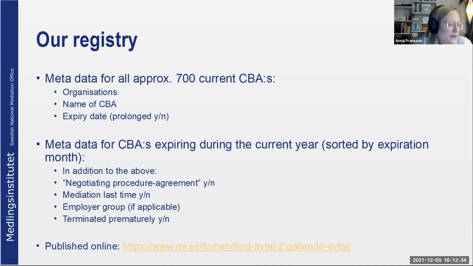And we also have the employer group, if the employers' organization belongs to a federation organization. And then we also have information on whether the collective agreement can be ended prematurely. And we publish these two data sets on our webpage. Next slide, please.